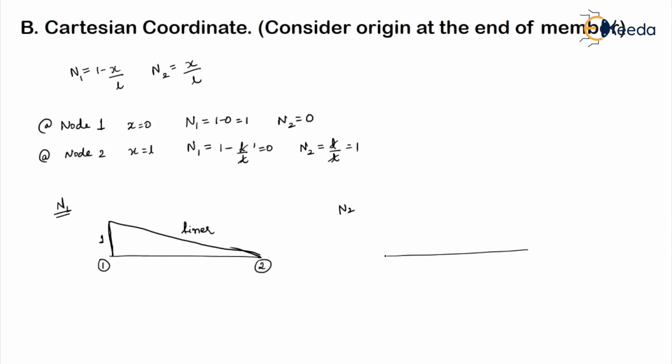This is your node 1, this is your node 2. Here what did we get? At node 1 we got 0, and at node 2 we got how much? 1. Okay, so this is linear. This is how your shape function will look. So this is when we give weightage to node 1, and this is when we give weightage to node 2. Here x is equal to 0 and here x is equal to L. So these are your shape functions in graphical representation. Okay. Thank you.